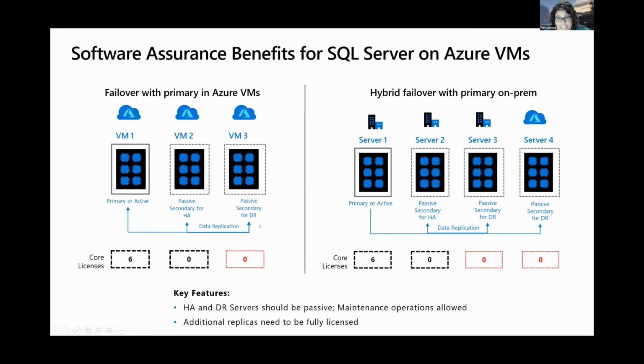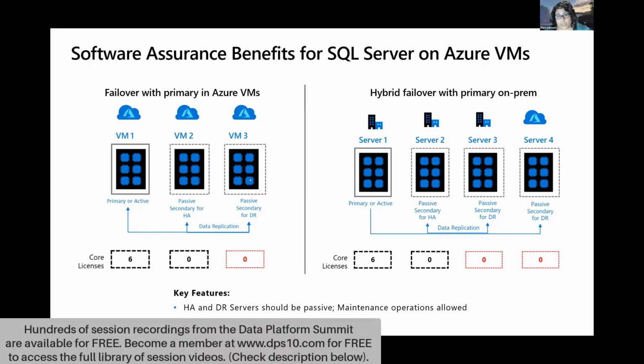And then you can have an additional passive secondary for disaster recovery. That would usually be an asynchronous replica. So you have to pay for and license the first VM, but for the other 2, the SQL Server licensing is part of your SA benefits, and you only have to pay compute for those 2 VMs. That's a great benefit that you get when you're using Azure Hybrid Benefit.